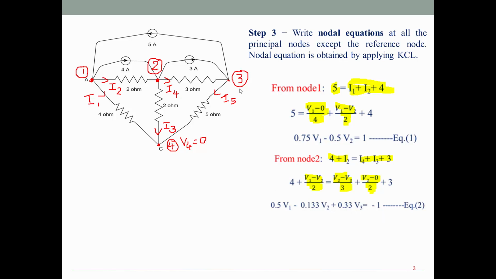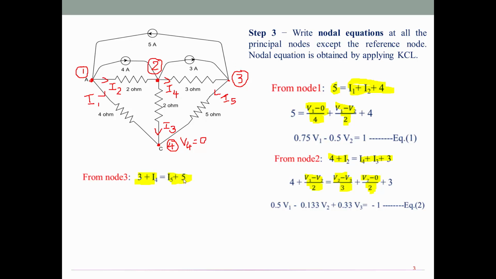Then, moving to node number 3, I have 2 incoming currents, namely 3 and I4, and 2 outgoing currents, I5 and 5. So 3 plus I4 is equal to I5 plus 5.